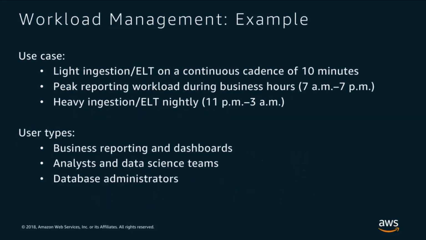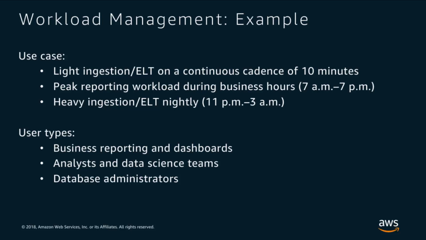So just to build up an example of best practices for how many customers set up their WLM, I came up with this example here. Maybe you have some light ingestion that continues to run throughout the day.